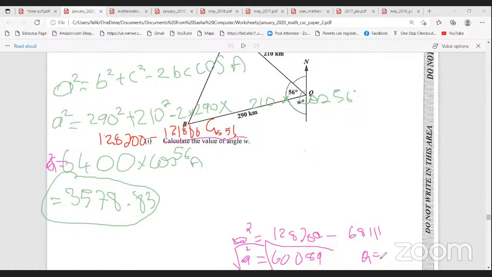Okay. What is the value of a? 245.13 centimeters.